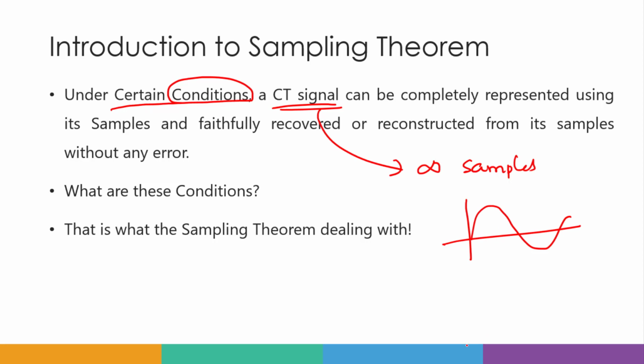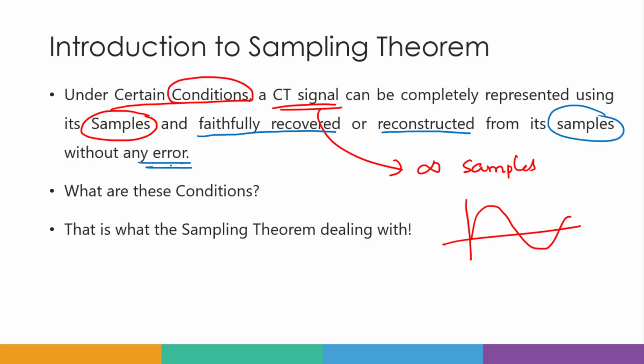So under certain condition, a CT signal or a continuous time signal can be completely represented using its samples. In order to represent that particular signal, we need only its samples. So if we know about the samples of that particular continuous time signal, we can faithfully reconstruct the continuous time signal from its samples without any error.